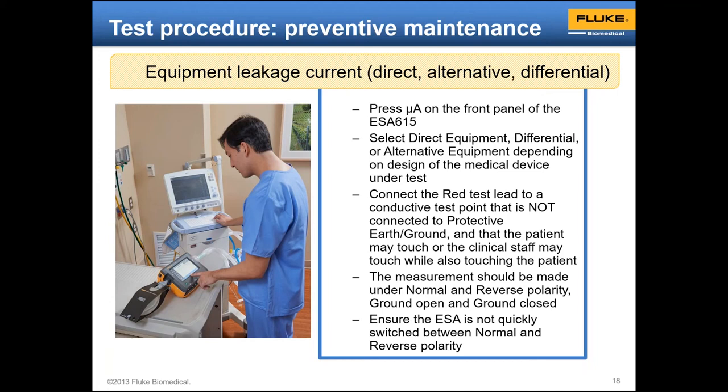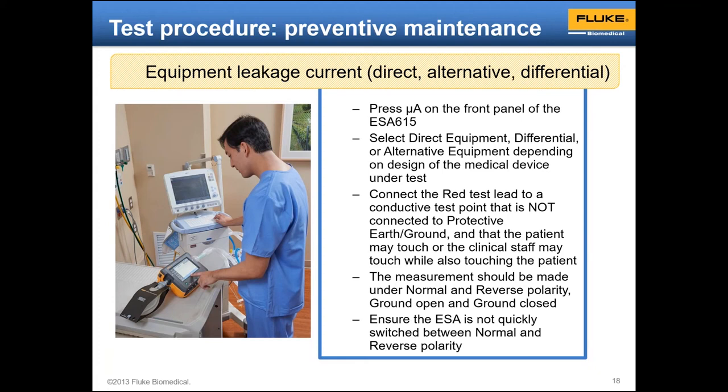We will attach it to the touchable surfaces of the medical device, tape it down, and clip our red test lead to that aluminum foil in order to make this touch current measurement. Hopefully Ravi can demonstrate that. I looked to see if I had photographs of that. I don't, because we usually demonstrate it live on camera.